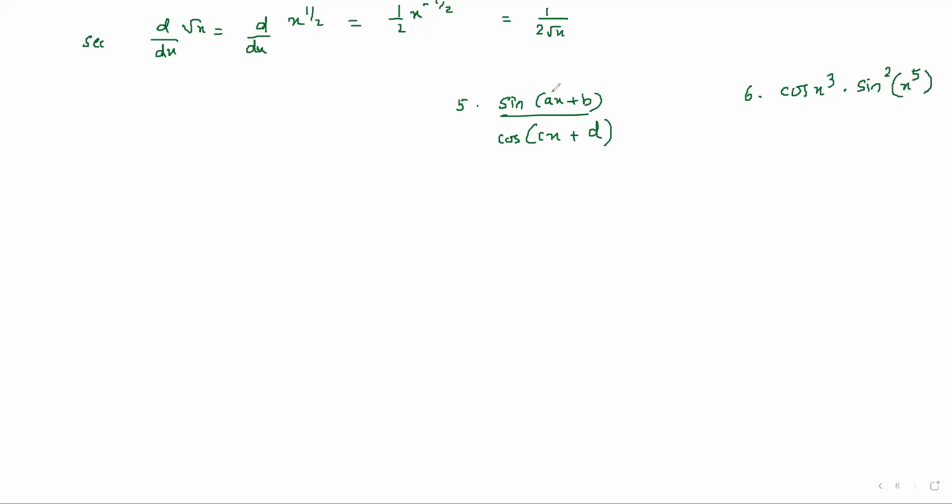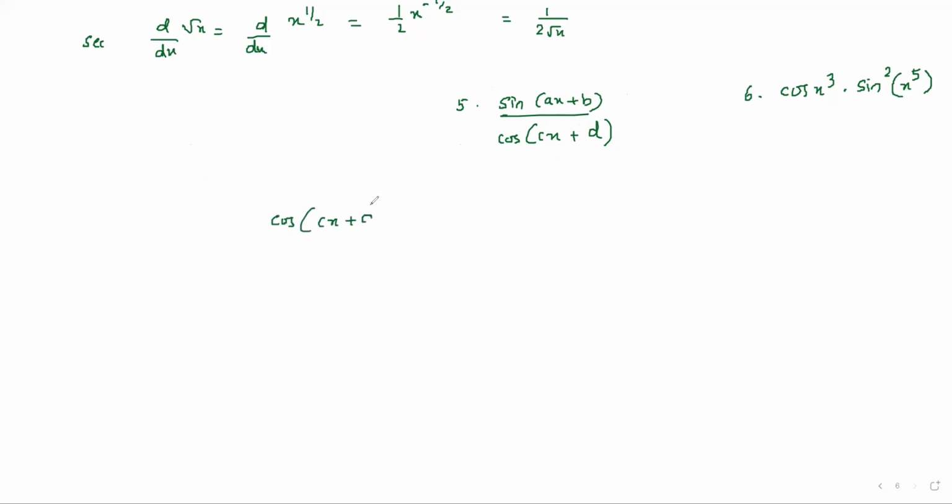Even though you are applying the quotient rule, there is chain rule inside sin, right? Inside cos also you have to use chain rule. So in this question you have to use the quotient rule. So how to find the derivative using the quotient rule?